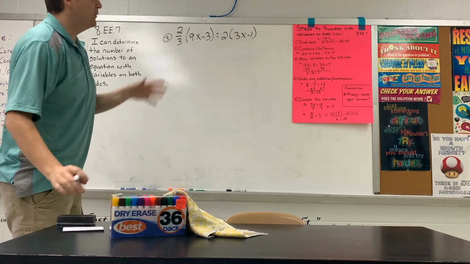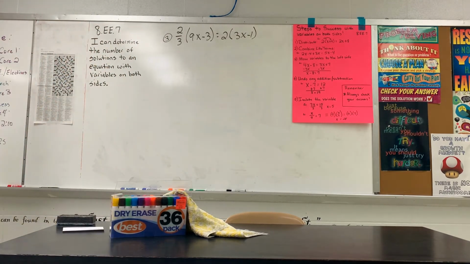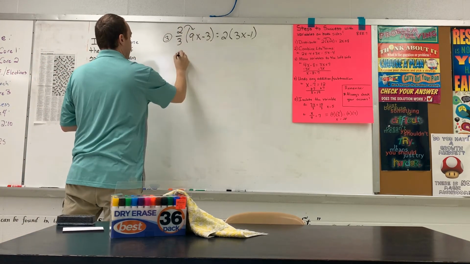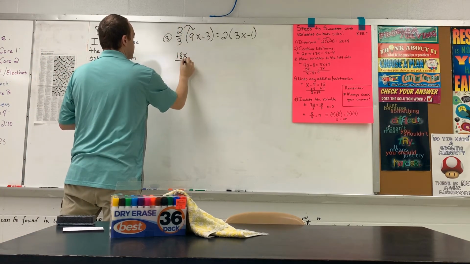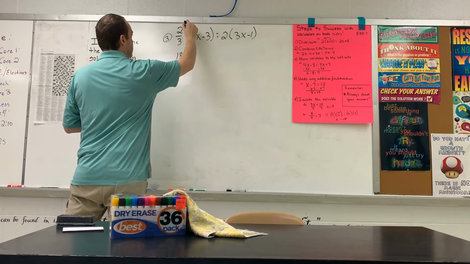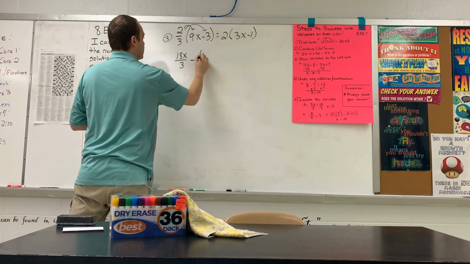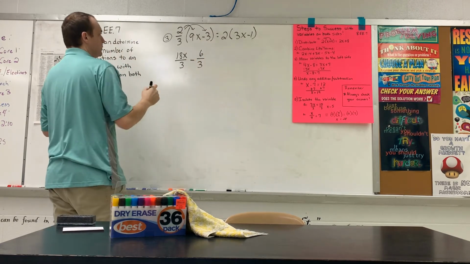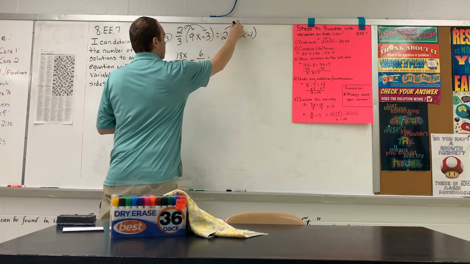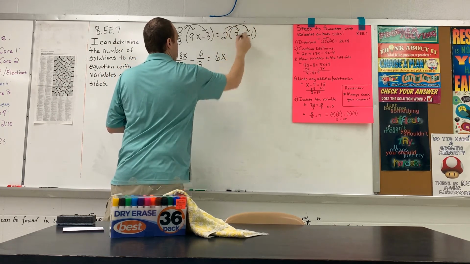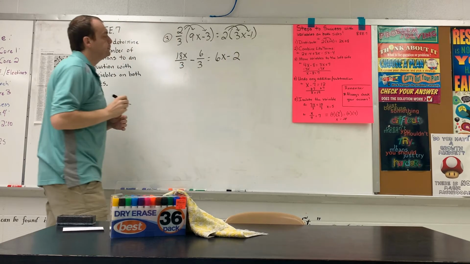All right, so we're going to follow our steps. Let's distribute. We have 2/3 times 9x gives me 18x over 3, minus 2 times 3 is 6 over 3, equals 2 times 3x is 6x, 2 times -1 is -2.